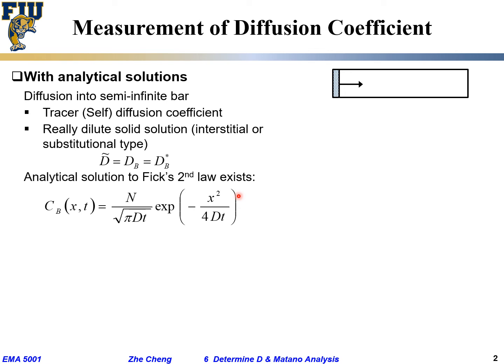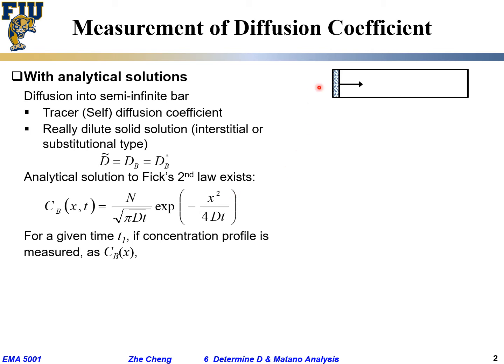Make sense? So then, let's say at time 0 you put it on, you drive it in. After a given time t1, you measure the concentration profile, right? If it's a radioactive tracer, how do you measure it? You can use certain methods.